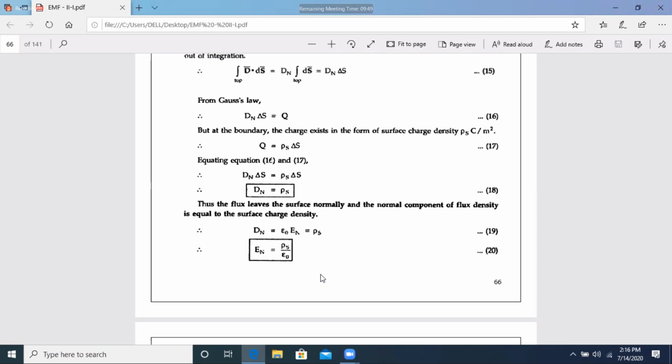And divide that by 4 times epsilon naught. So E normal 2 equals D normal 2 over 4 epsilon naught, which is 9 AZ.